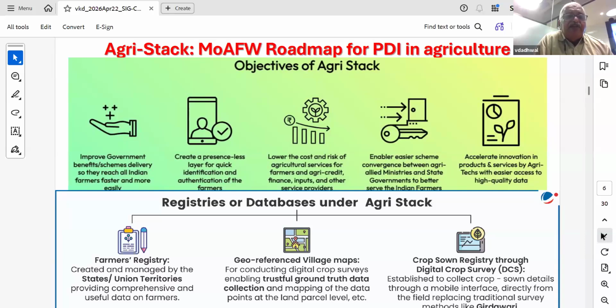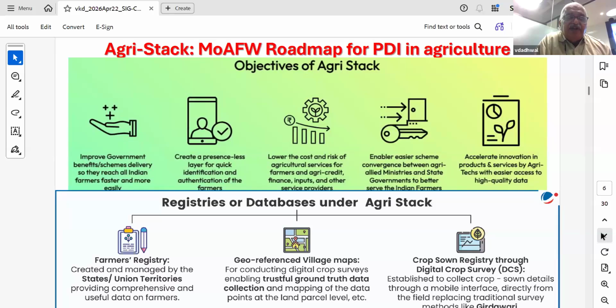The agri stack is to improve governance, have a presence-less layer, lower the cost of agricultural services, enable scheme implementation, and accelerate innovation.